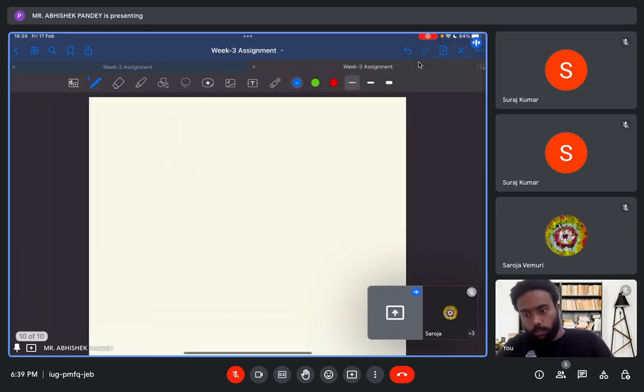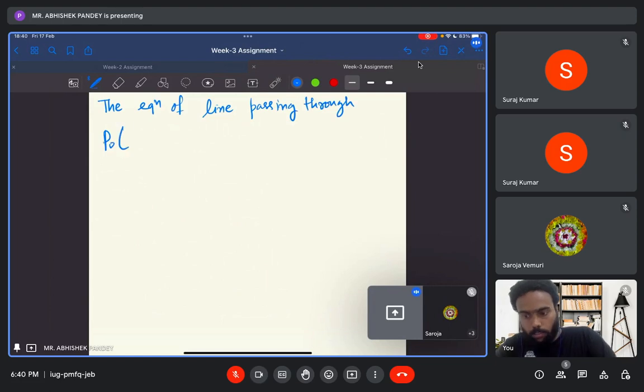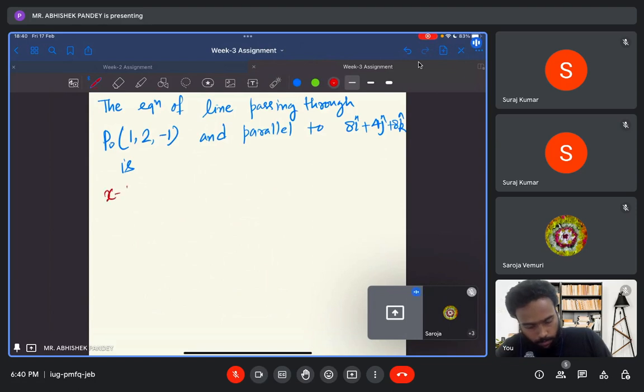Now what would be the equation? The equation of the line passing through P naught, which is (1, 2, -1), and parallel to 8i plus 4j plus 8k is (x minus 1) upon 8, (y minus 2) upon 4, (z plus 1) upon 8 is equal to t.